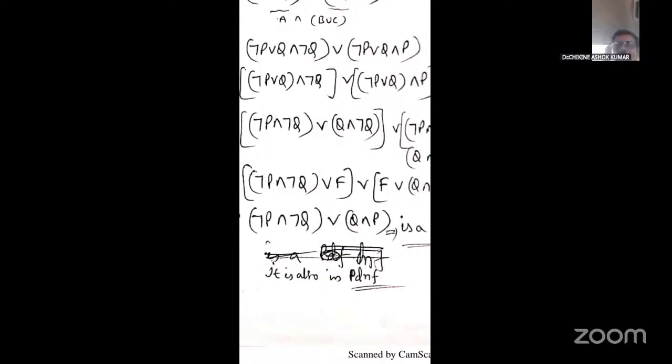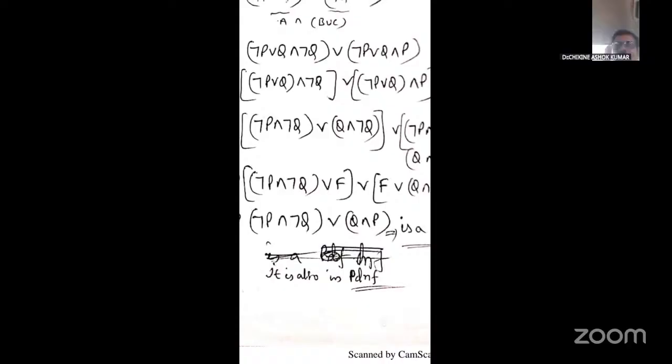So this is disjunctive normal form. Is it satisfying this definition? Yes. What is the disjunctive normal form definition? C can be written as the combination C1 union C2, where C1, C2 are products of two propositions.